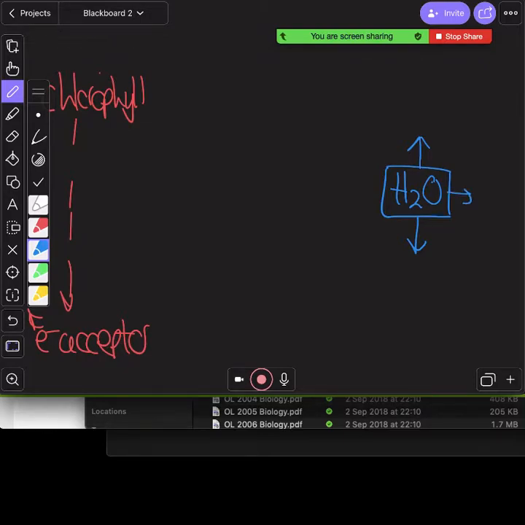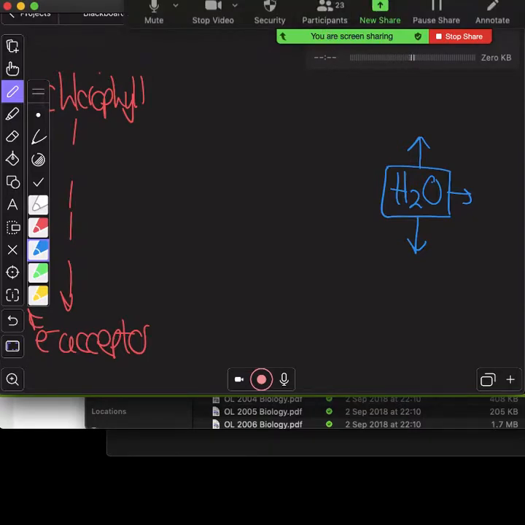So can you remember the final equation that we did in respiration? That final electron acceptor. When it comes out of the electron transport chain, we write an equation. Can you remember what that was? The very, very bottom of the electron transport chain, the little kind of washing machines where it's kicking out and it's releasing energy.